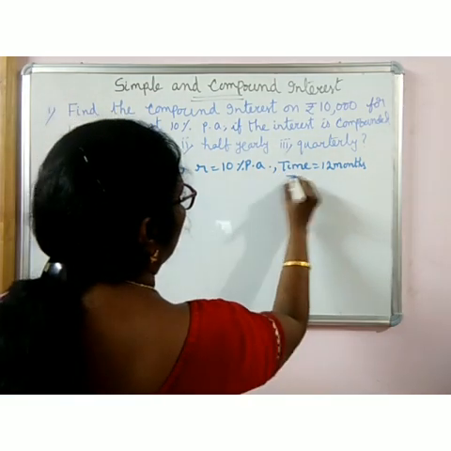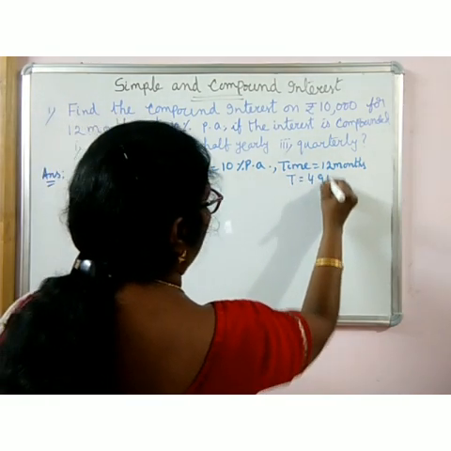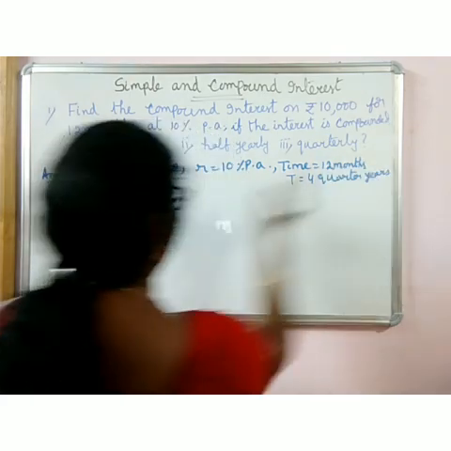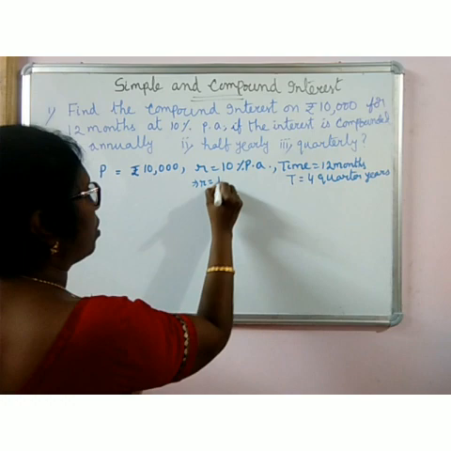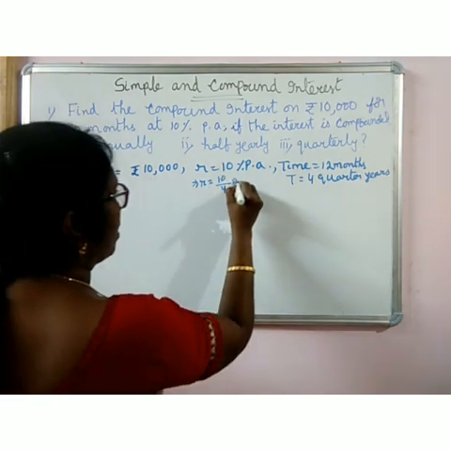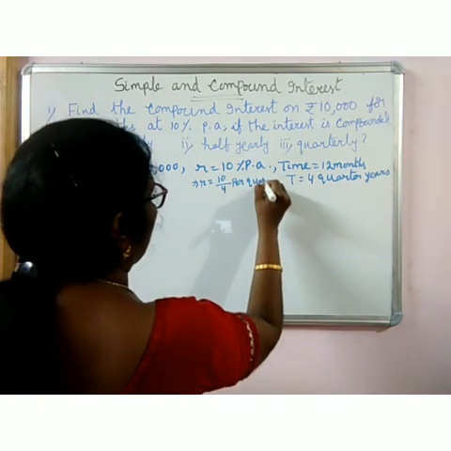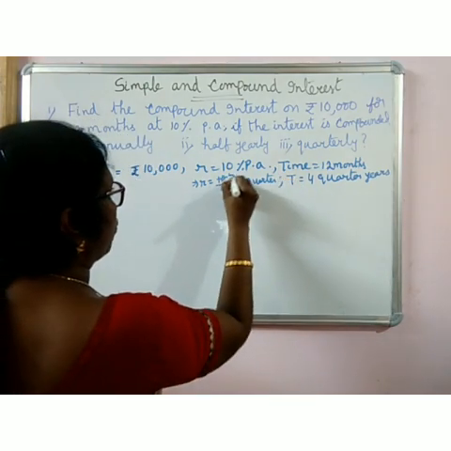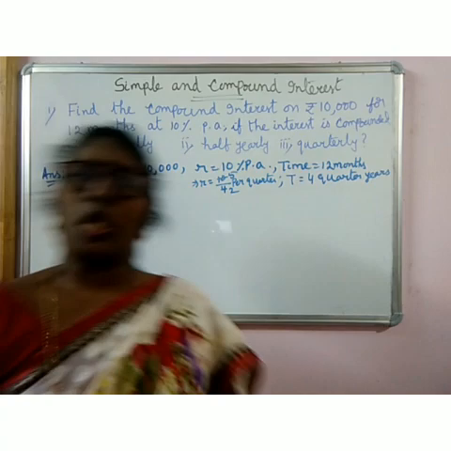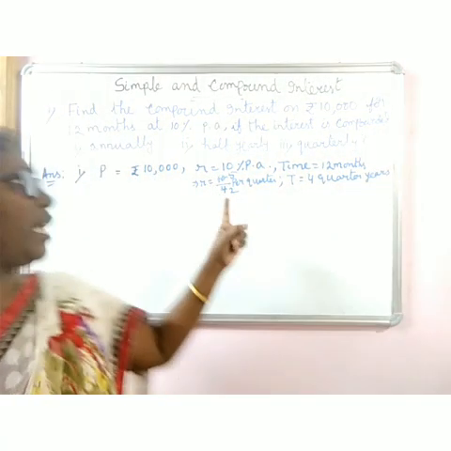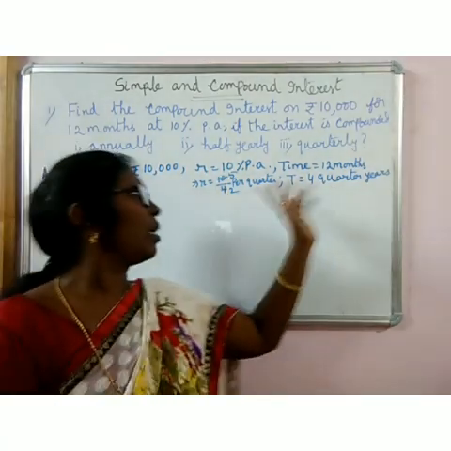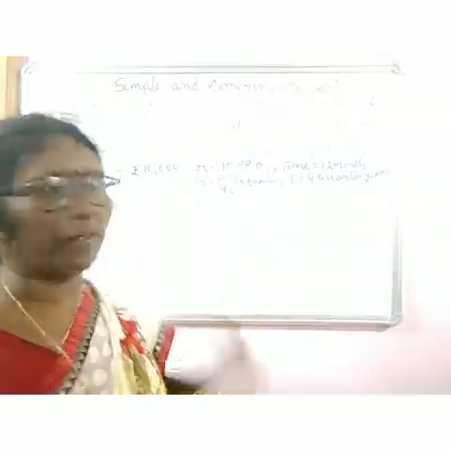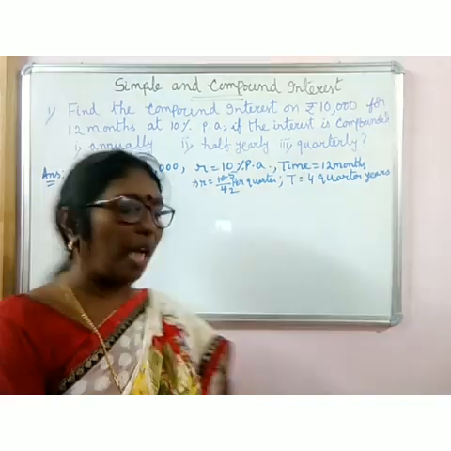Here, time equal to 4 quarter years. Here rate equal to 10/4 per quarter year, that is 5/2. So for each quarter year, rate will be 5/2% per quarter year, and we have to do it as we have done for half yearly.